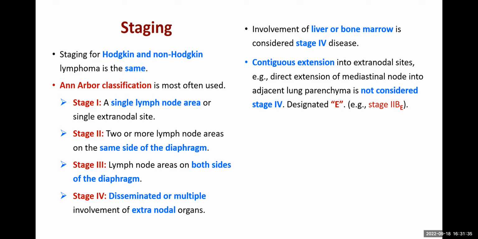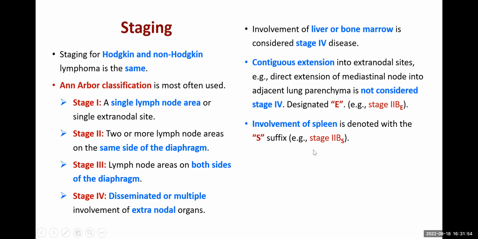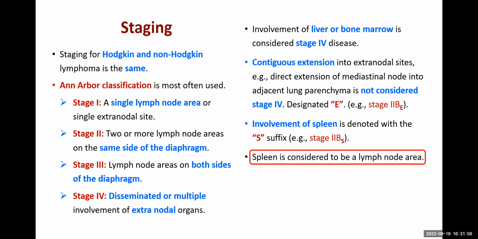Stage 4 is metastasis non-contiguous. It is away from the lymph node, okay? It is not joined to the lymph node. So an extension is designated E. For example, stage 2BE extended into the contiguous areas. Involvement of spleen is denoted with S. So this is something with nomenclature.